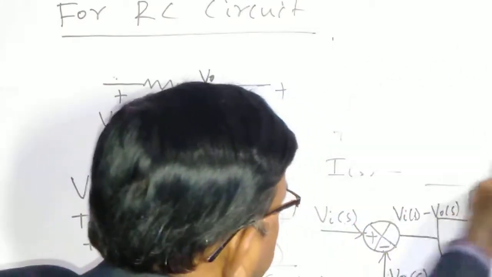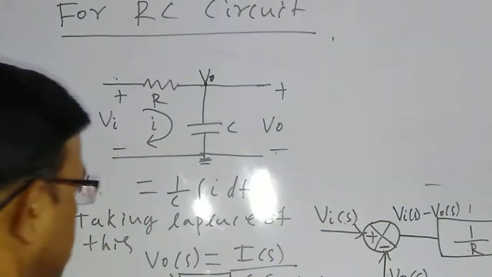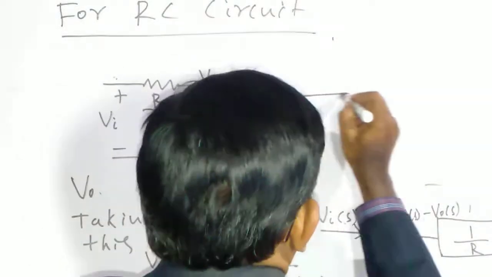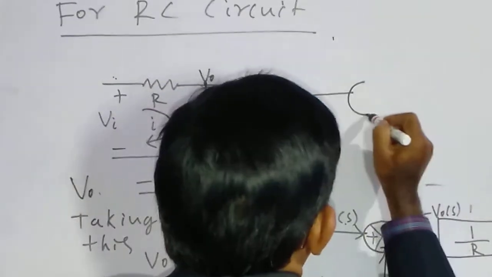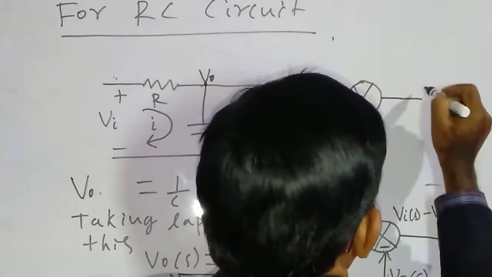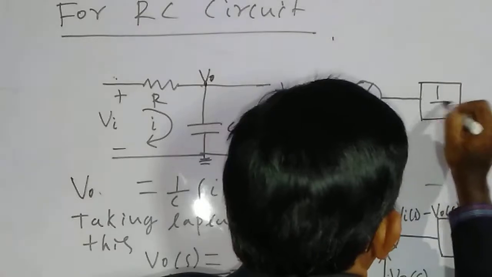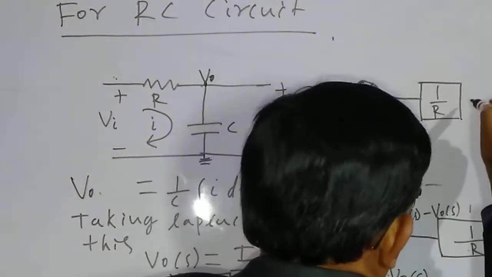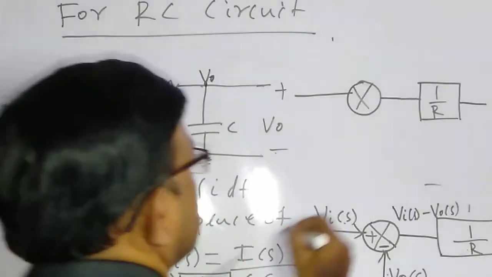So you first draw this block diagram, then you draw one comparator, then 1 by R, then 1 by Cs.